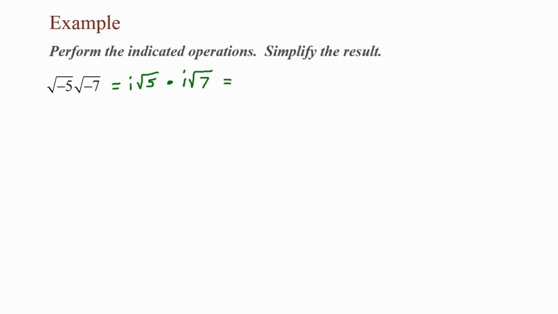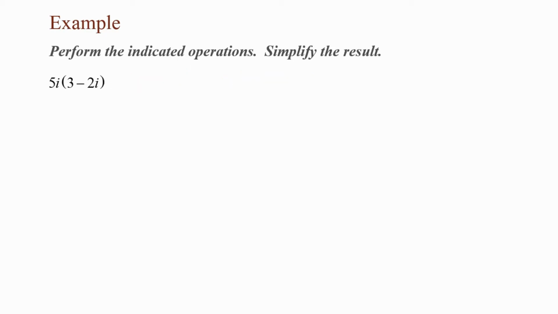Now I can multiply i times i, which is i squared. The square root of 5 times the square root of 7 is the square root of 35. i squared really equals negative 1, so my final answer is negative square root of 35.